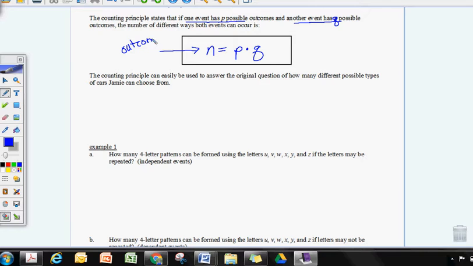So you guys need to know your notation. N is my number of outcomes. P and Q are my individual events, and they don't affect each other.